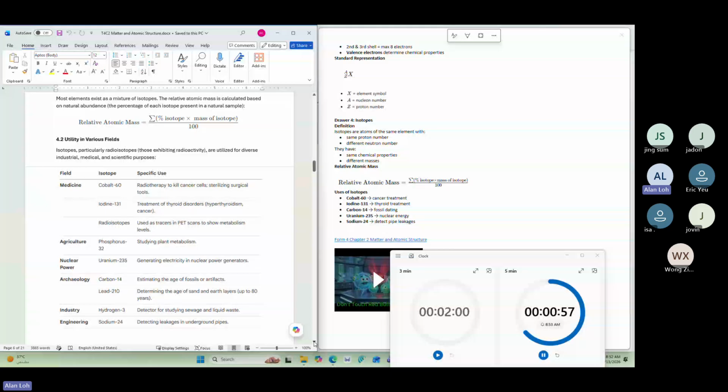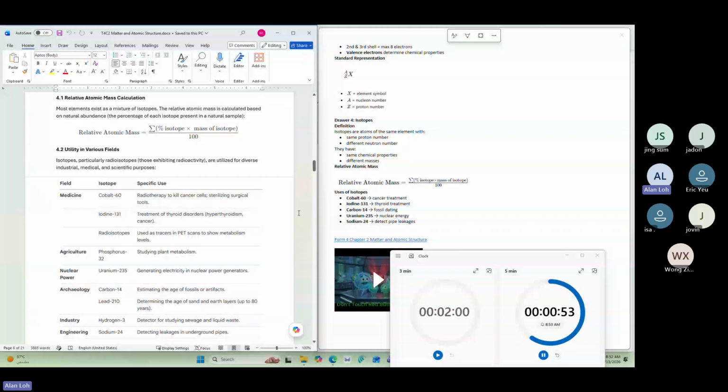Okay, you should be in 4.2. Don't try to remember the name of the isotopes. Don't try to memorize.